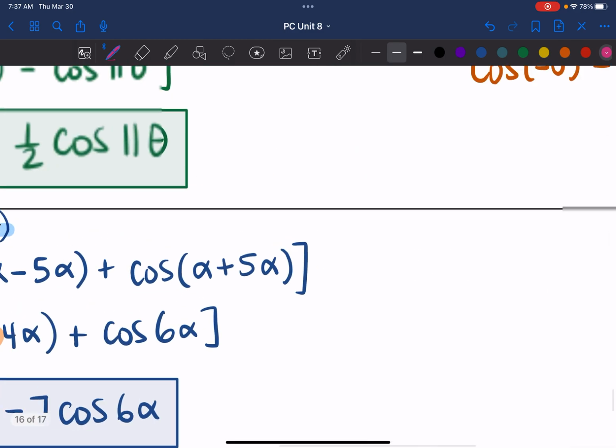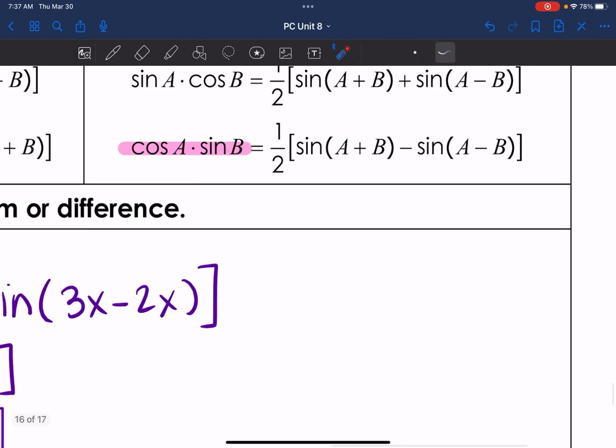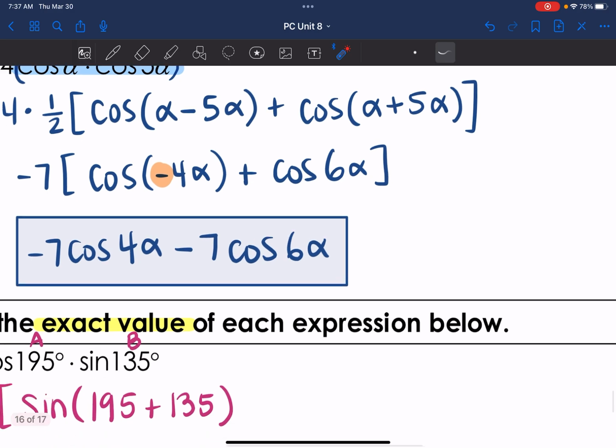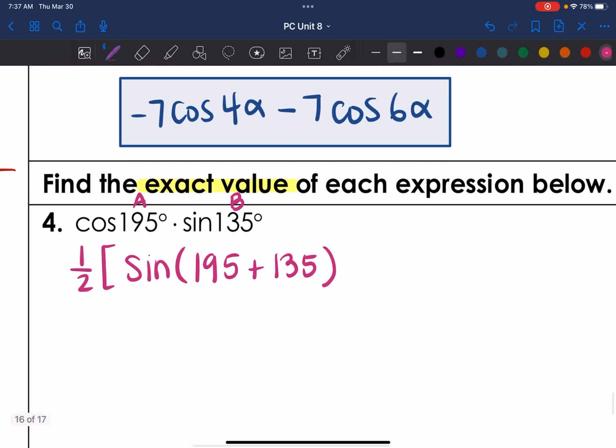Okay, then let's look at the rest of that. Then minus sine of their difference. So subtract sine of 195 minus 135.